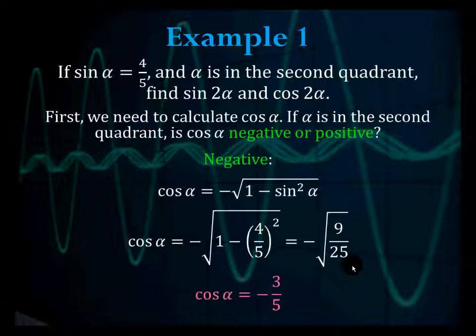So cosine of alpha equals negative 3/5. So again, conclude whether cosine is negative based on which quadrant you're in. Then plug it into the formula for cosine alpha using the Pythagorean identity. Put the negative sign in front because you're in the second quadrant, and then simplify.